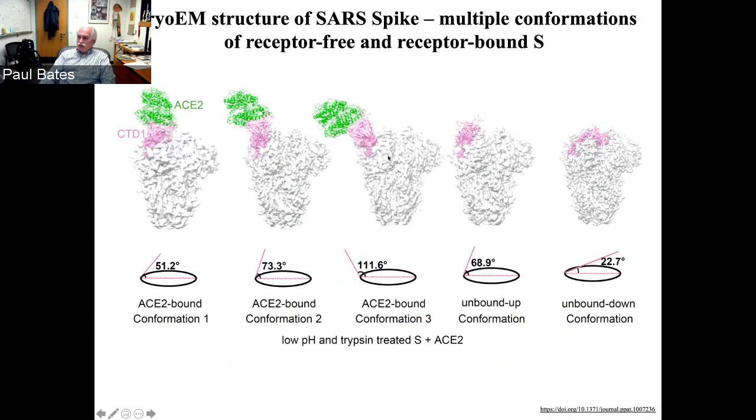That will be important when we think about developing antibodies that bind to this conformation and stabilize it. Do you have to bind to all the sites in order to stabilize it, or can you bind to just one of the sites and stabilize the conformation?